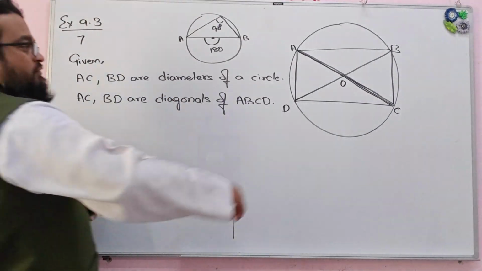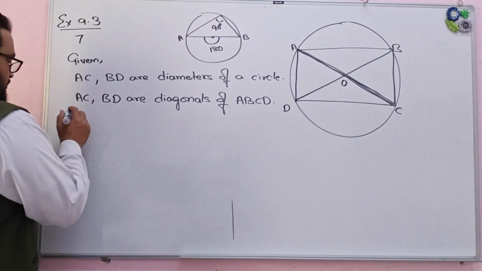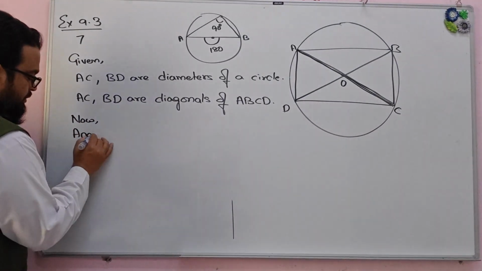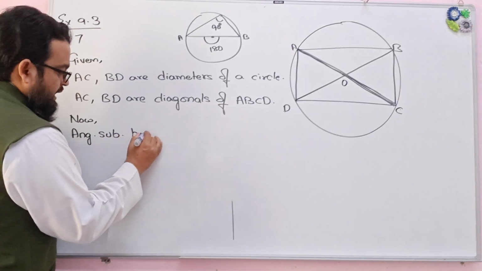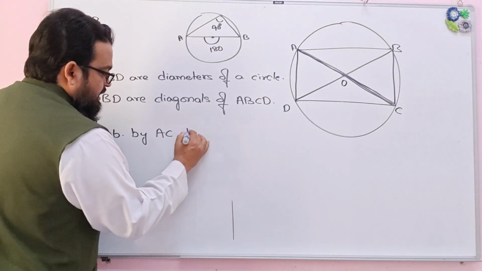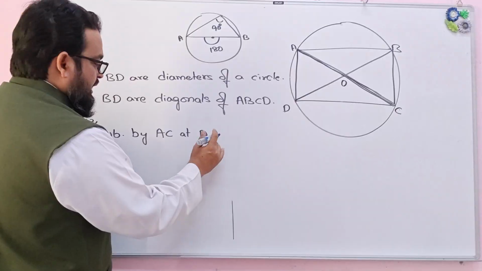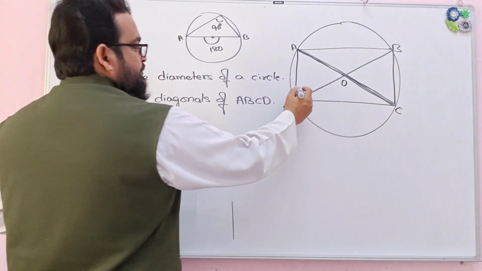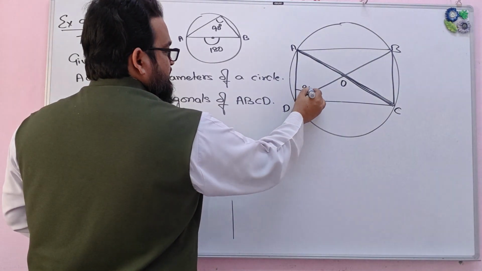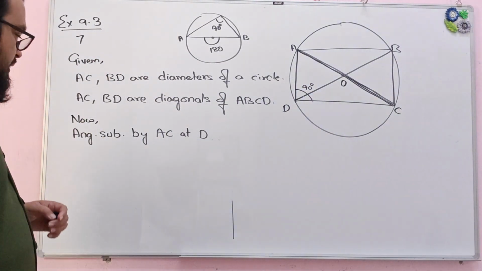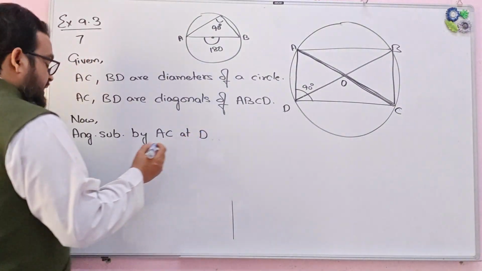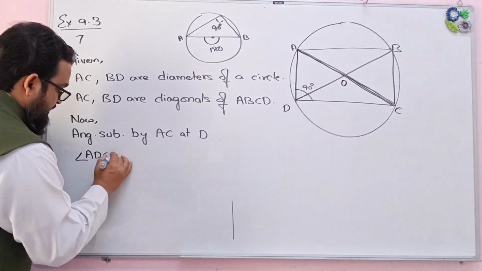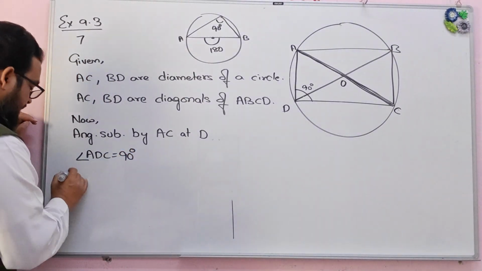Therefore, if I take AC as a diameter, what is the angle subtended by AC at D? Is it 90 degrees? Angle ADC is equal to 90 degrees.